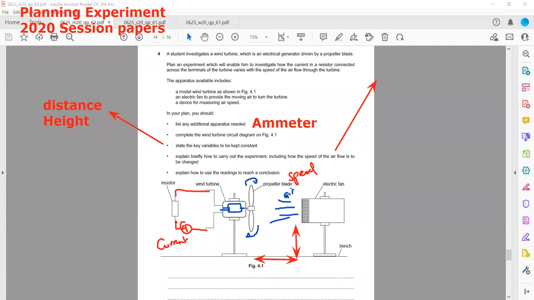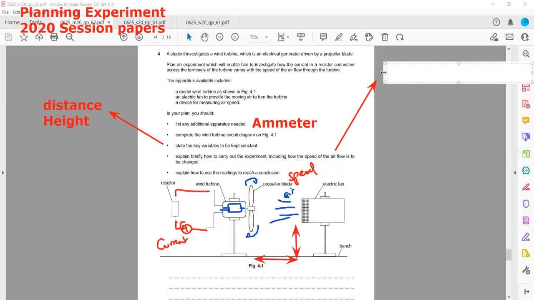Then the procedure: we have to mention how we carry out this experiment. So what we will do, we'll switch on the fan at a certain speed and we'll measure the current by using an ammeter. Then we'll change the speed, because we are finding the effect of the air speed on the current produced.